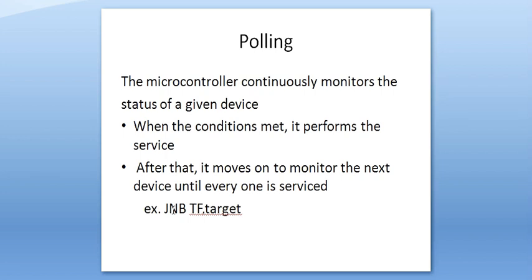An example is JNB TF, target. In this case, until the flag bit goes high, while there is a low bit from the TF flag, it will stay in a loop. So this is how we can write an instruction for this.